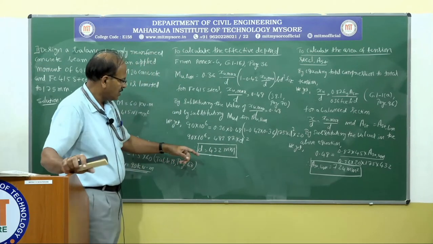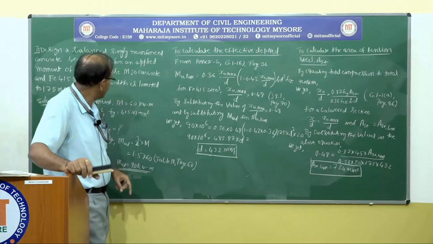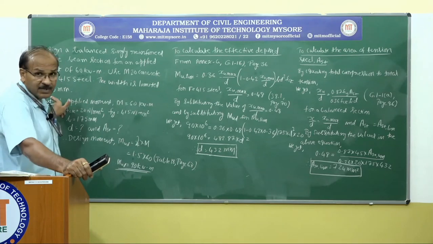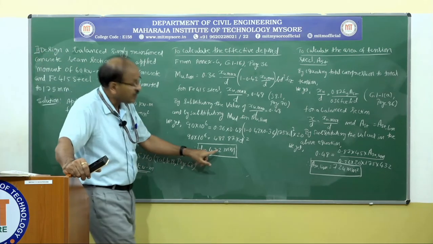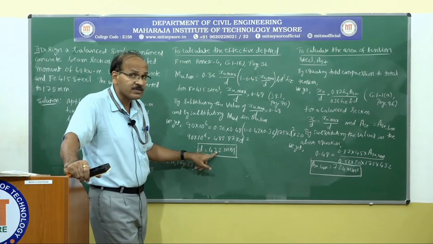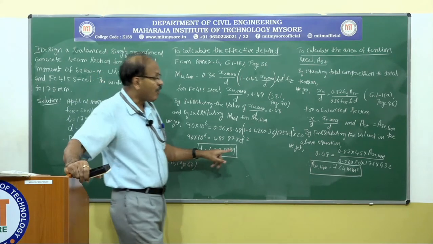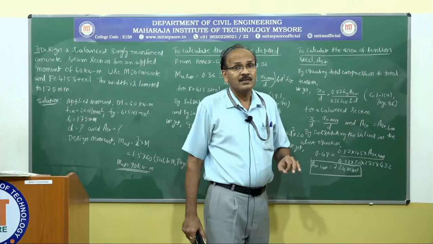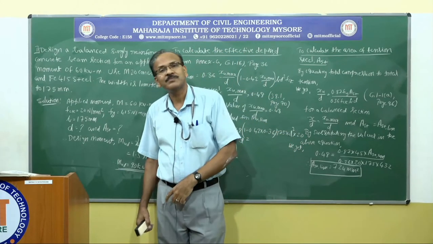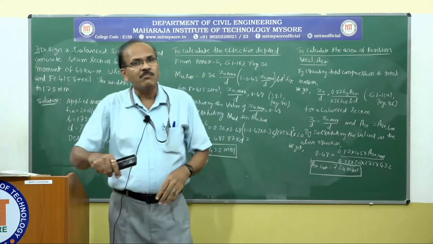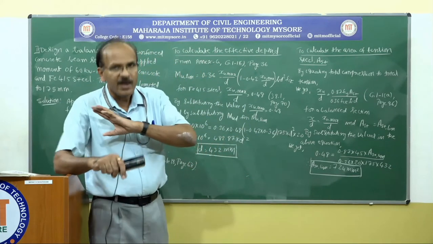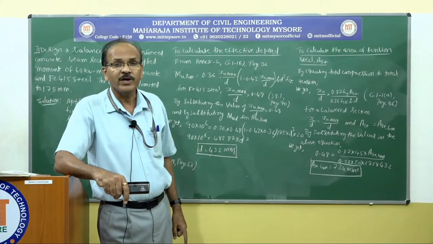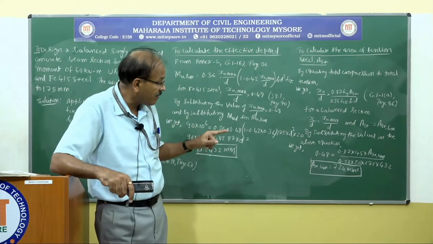What it means is, if we take a rectangular section of width 175 millimeter and effective depth 432 millimeter, not the overall depth, effective depth, and provide reinforcement of exactly this area, then the section is going to be balanced. But in reality, it is almost impossible to achieve a balanced section.